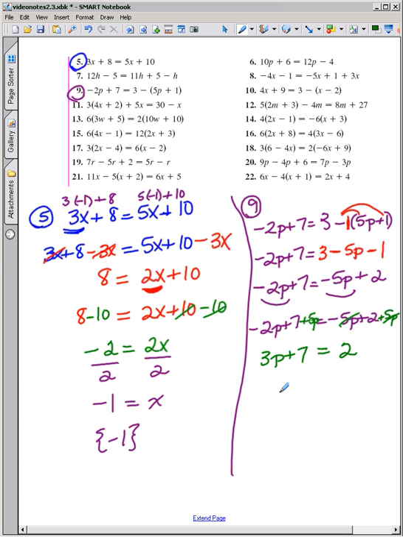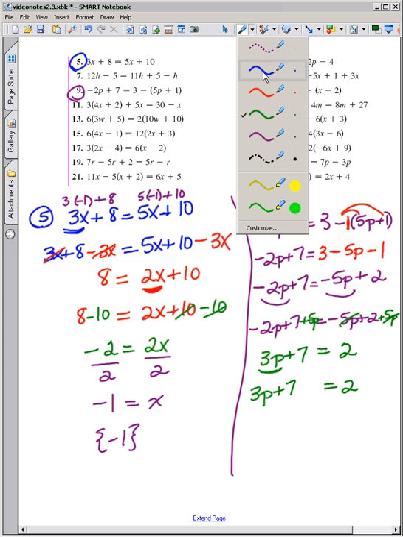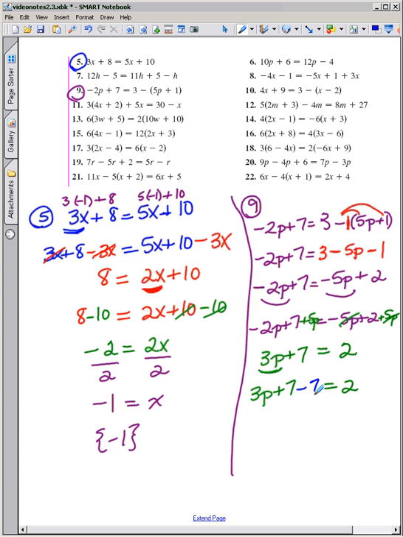So now we need to get rid of the constant term. That is, we've got to get the 3p on the side by itself. So we need to remove plus 7. So what will remove a plus 7? Yep, subtract 7. So 7's eliminated. 3p is equal to 2 minus 7, which is negative 5.